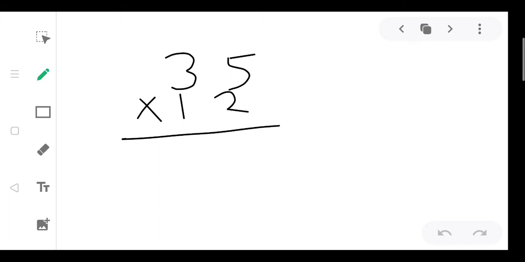We have to multiply it by 12. Our first step is we will read the table of 5 up to 2. 5 2s are 10. 0 I will write here and 1 was carry. Now read the table of 2 up to 3. 2 3s are 6 plus 1 becomes 7.